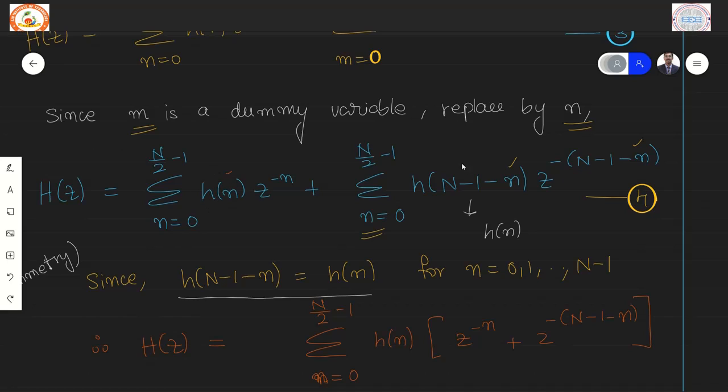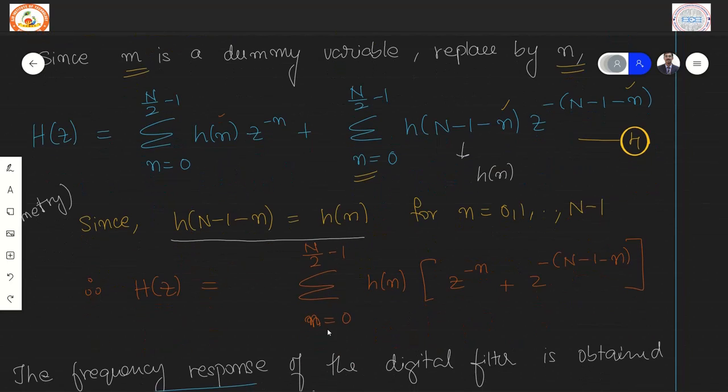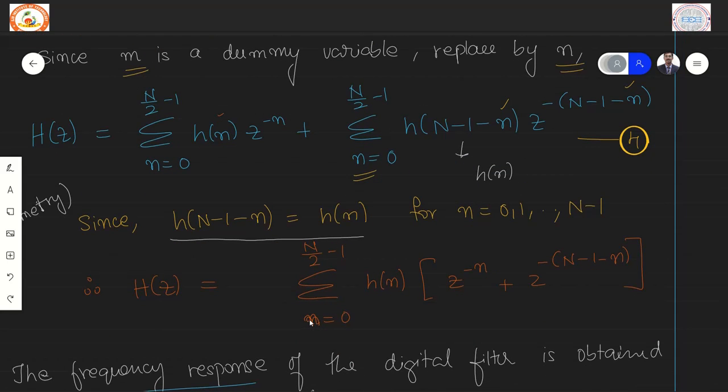It has the same common h of n as the term. So we gather all the common terms, that is, we keep the limits common, we have h of n which is common, and the terms which are not common are written here in bracket. From the first summation we get z power of minus n, from the second summation we get z power of minus capital N minus 1 minus n.